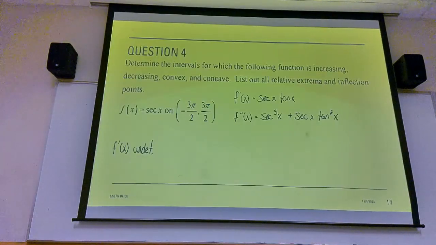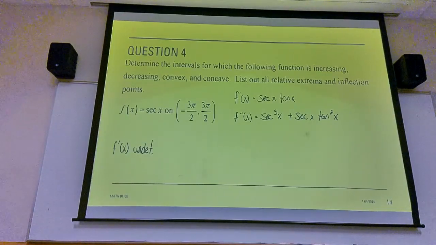What values does it include? It's not the brackets about the sharp corners. I agree. So it doesn't include 3 pi over 2 or negative 3 pi over 2. And negative 3 pi over 2 is the same thing as pi over 2, right?